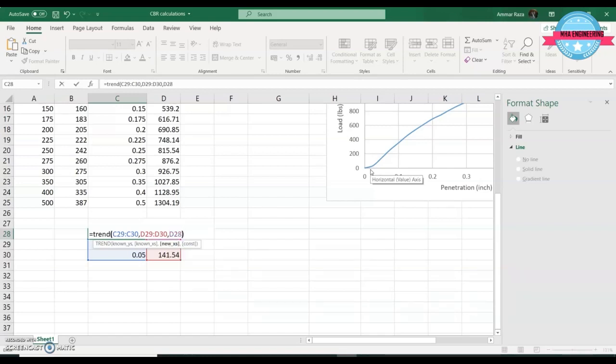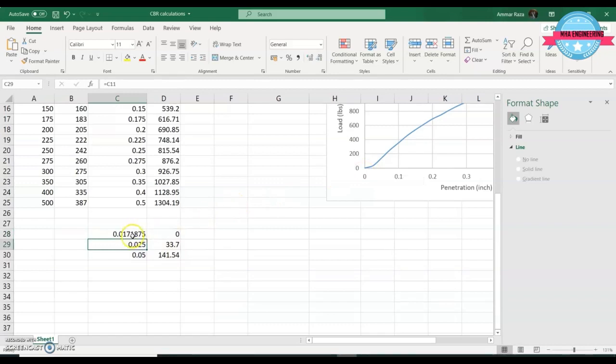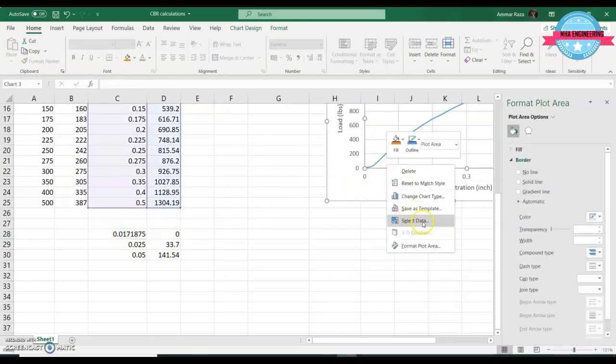So this is 0.1718. So let me just draw that for you over here.